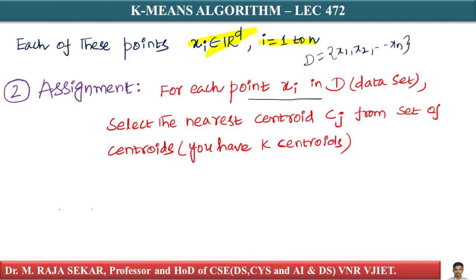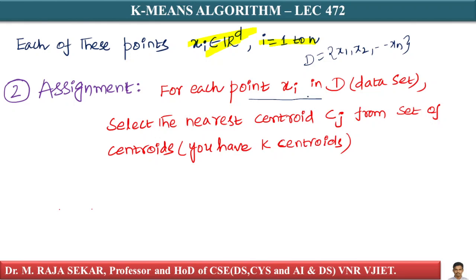For each point xi in your data set D, select the nearest centroid Cj from the set of centroids. How many centroids are there? There are k centroids, C1, C2, and so on, Ck. Select the centroid Cj nearest to xi.